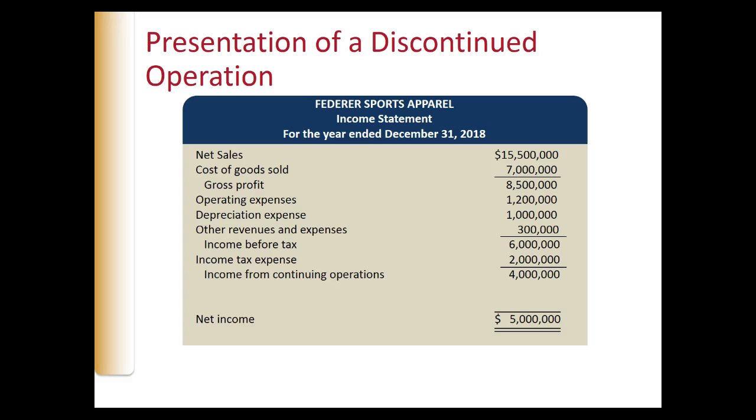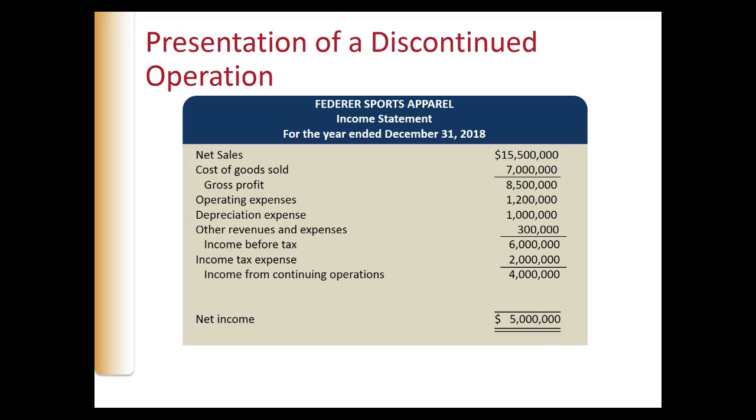Let's look at an example here, Federer Sports Apparel, which has two business activities: a very profitable line of tennis apparel and a less profitable line of tennis shoes. Let's say during 2018 the company decides to sell the tennis shoe business to a competitor, and the total gain from the discontinued operations is $1.5 million.